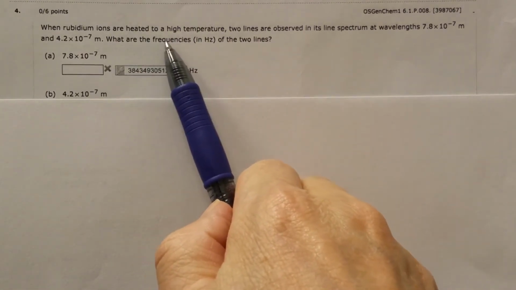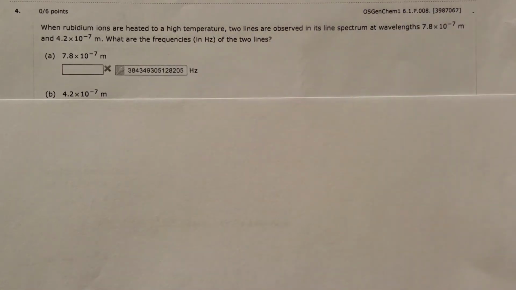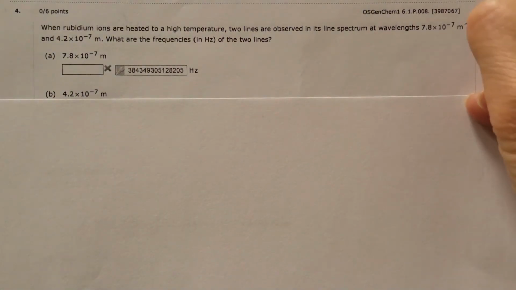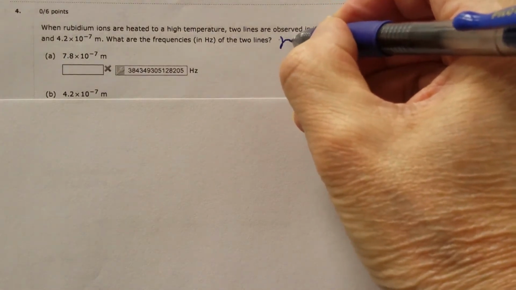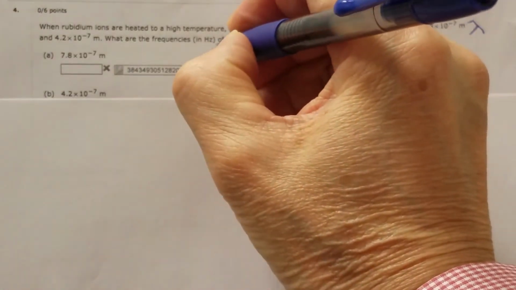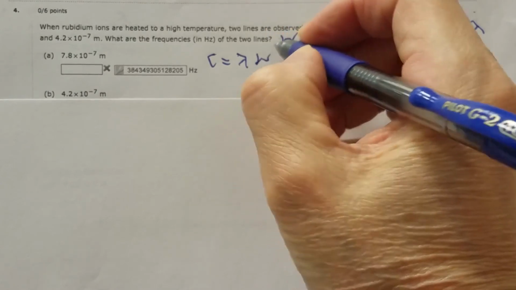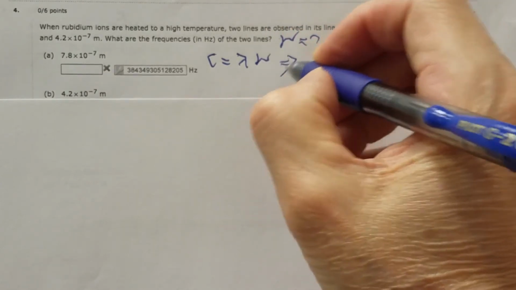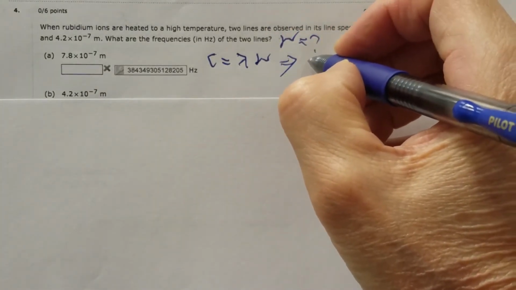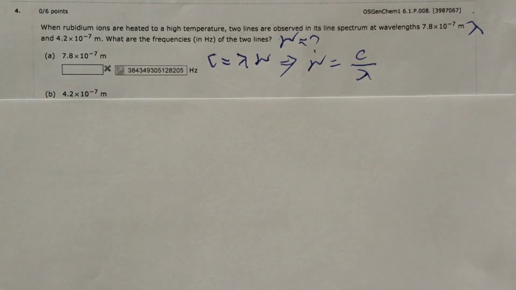What are the frequencies of those 2 lines? So basically, we already know lambda. We just need to find out the nu, and we simply use, again, the key equation here, C equals lambda times nu. From there, nu equals C over lambda, all right?